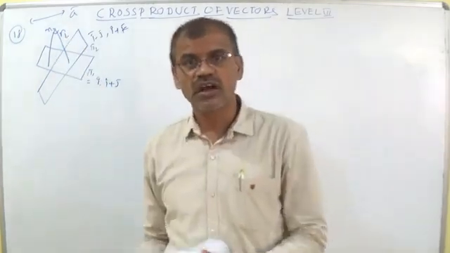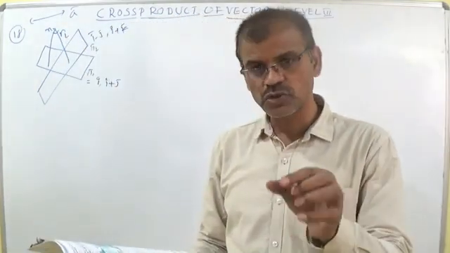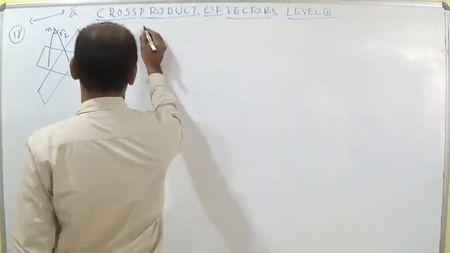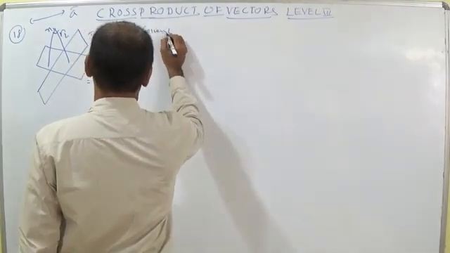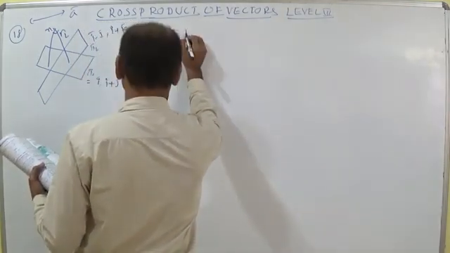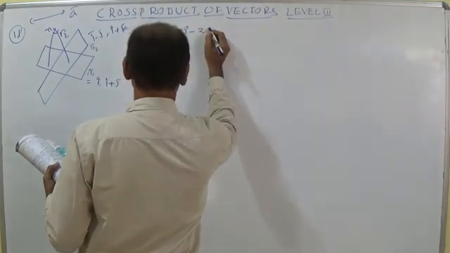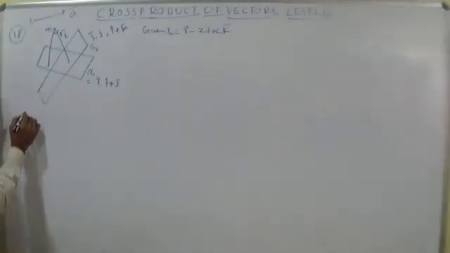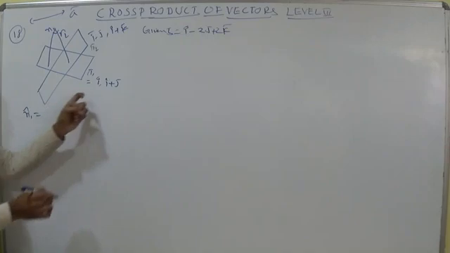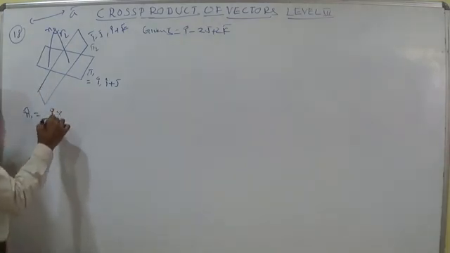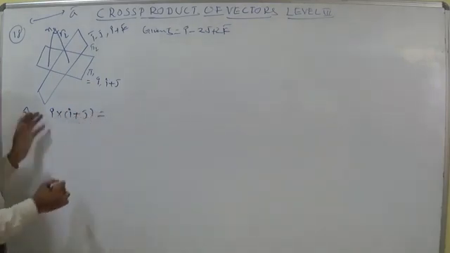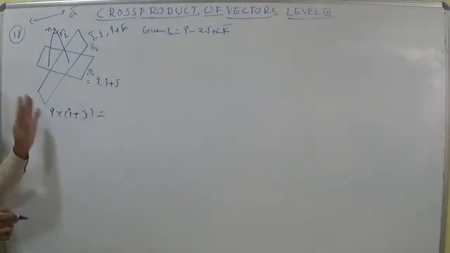Then after calculating n1 cross n2, you should calculate the angle with the vector b bar, given as i minus 2j plus 2k. Now unit normal vector n1 bar is equal to i cross i plus j. I cross i is equal to 0, no need to calculate.